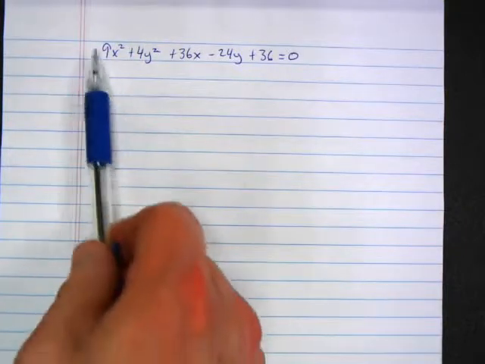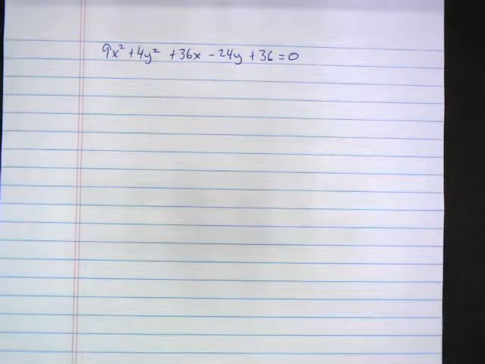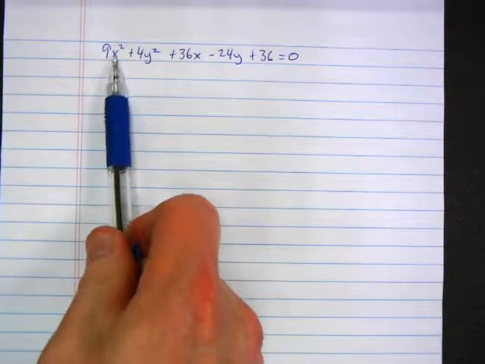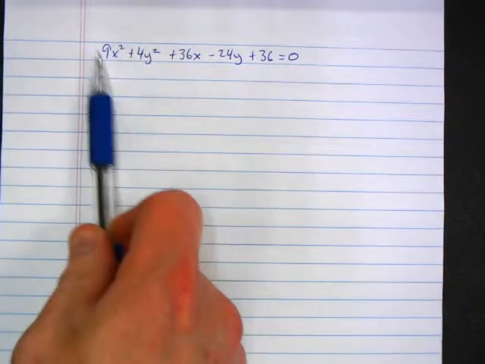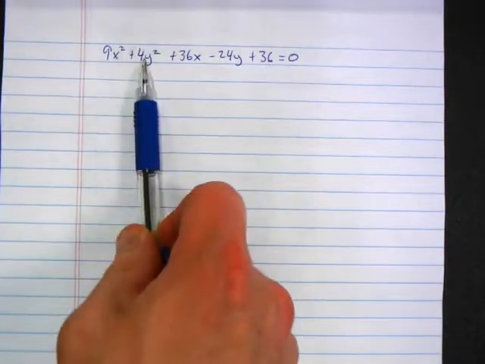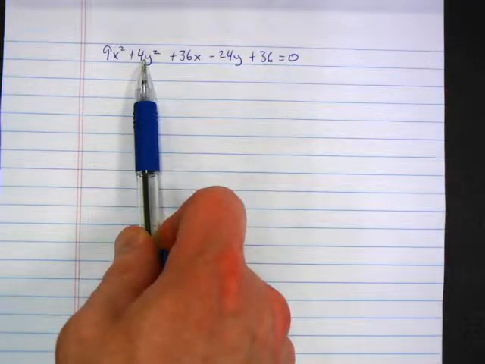What's going to happen if one is positive and one is negative? You're going to get the third conic section, the one we haven't talked about yet. There's parabolas, there's ellipses, there's hyperbolas. If you have both of these squared, one of them has a positive coefficient, one of them has a negative coefficient, that's when you get your hyperbola.